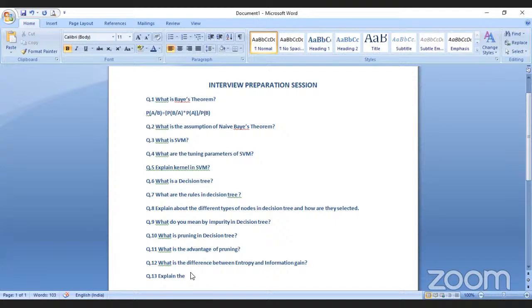Explain the expression of gain of any column or variable.